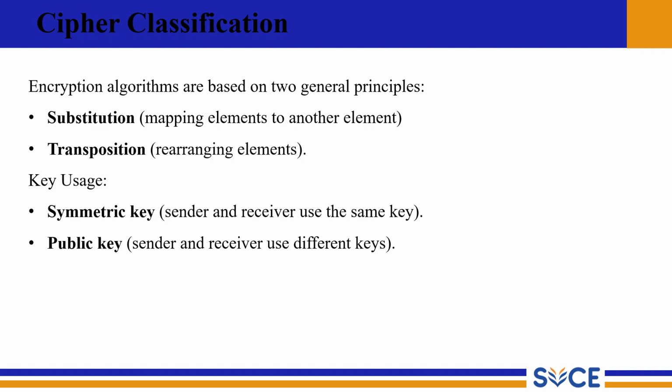The first one is the symmetric key system, which uses a common key known to both the sender and receiver. Public key systems use different keys for communication.